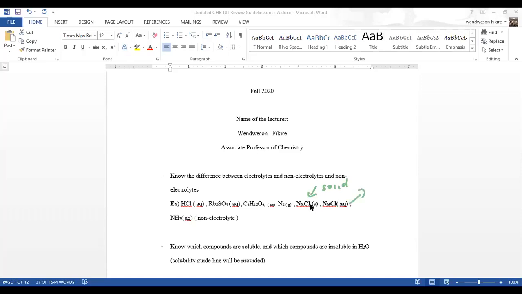But if it is aqueous, it means that it forms positive and negative ions, then it can be an electrolyte. So the state is very important. That's how we identify whether the compound is an electrolyte or not.